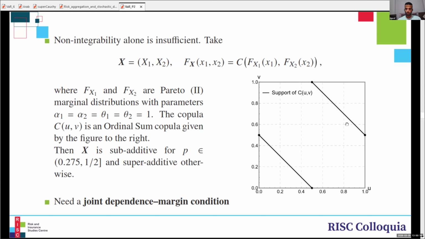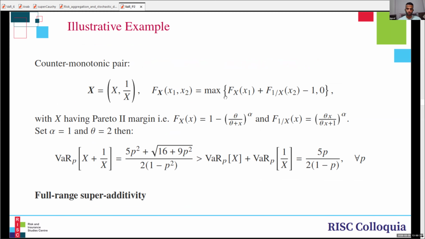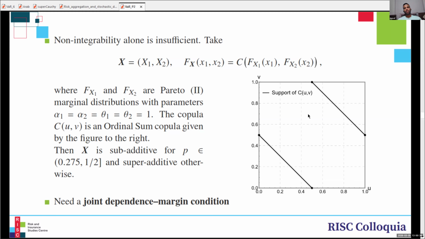But the overall dependence is a mixture between negative and positive, because they don't follow the opposite diagonal line, which is a characteristic of the counter-monotonic copula, counter-monotonic distribution. So if you will, we diluted the dependence from being purely negative to being somewhat negative and a little bit positive, because they have a positive trend that way.